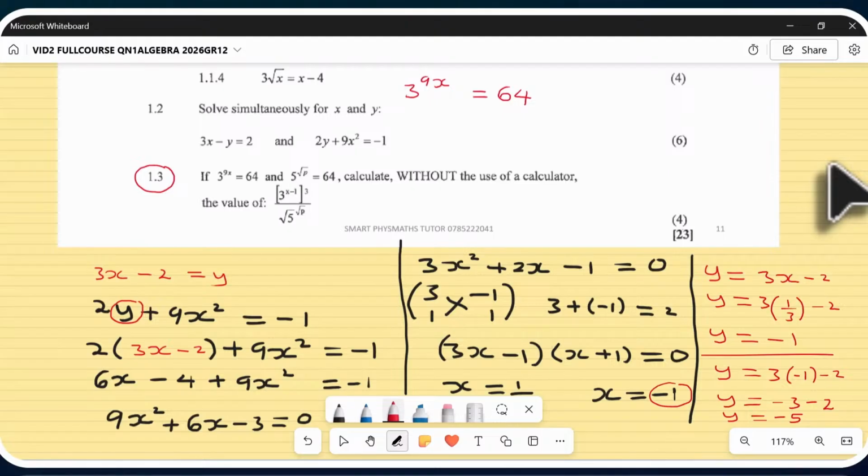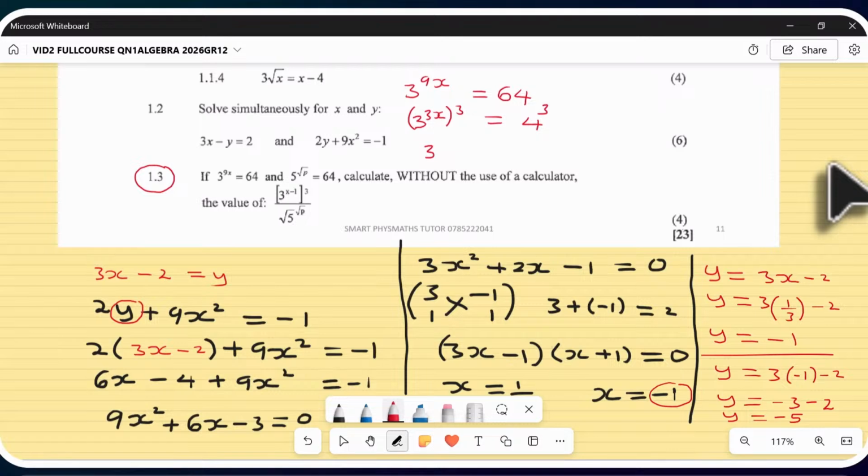Now, this other part of the information given also, they said that 5 to the power root p equals 64. But because I see this root here, I can see I have to take the square root on both sides.